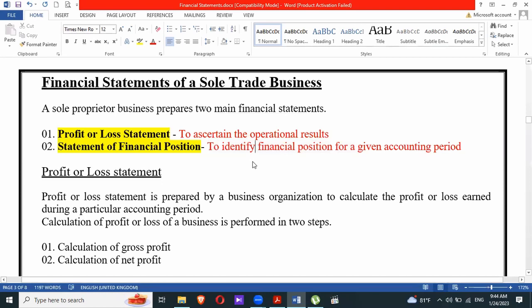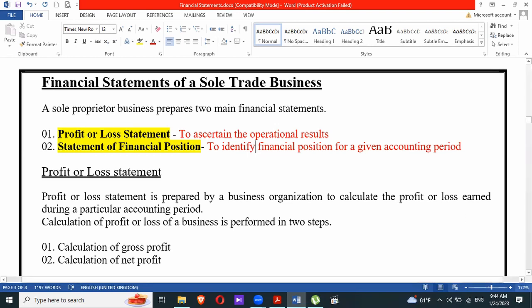So the basic objective you should know: the preparation of the profit or loss statement is to ascertain the operational result, that means calculating the profit or loss. Second, to identify the financial position for a given accounting period, a certain period of time.